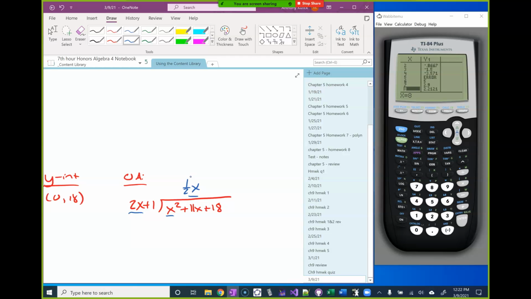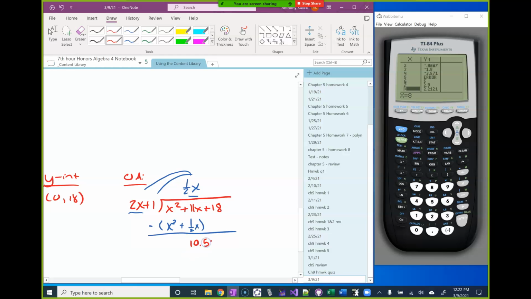Multiply that. And I subtract down. So x squared minus x squared is 0. 11x minus 1/2 an x is 10.5x. And then we bring 18 down.